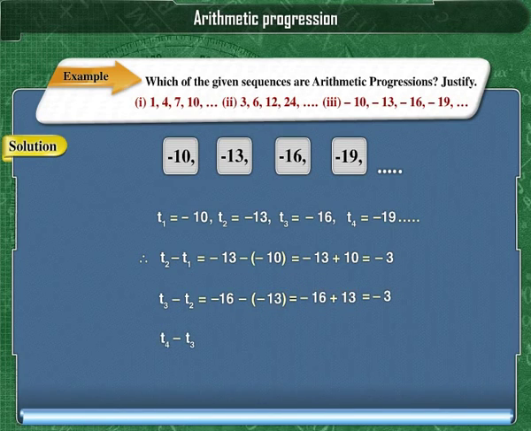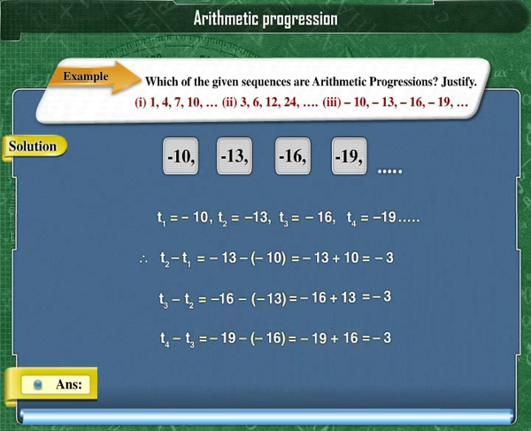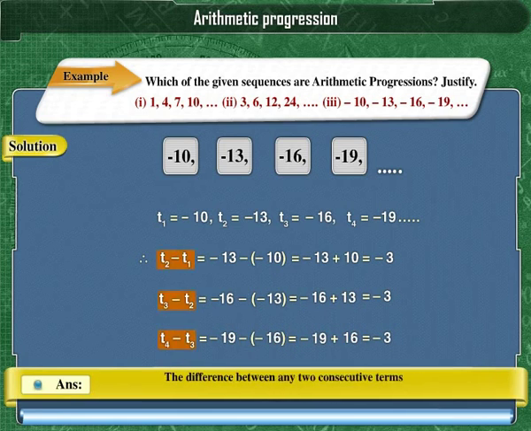T4 minus T3 is minus 19 minus of minus 16, which is minus 19 plus 16, which is minus 3. Since the difference between any two consecutive terms is the same, that is minus 3, the given numbers minus 10, minus 13, minus 16, minus 19, and so on is an AP.